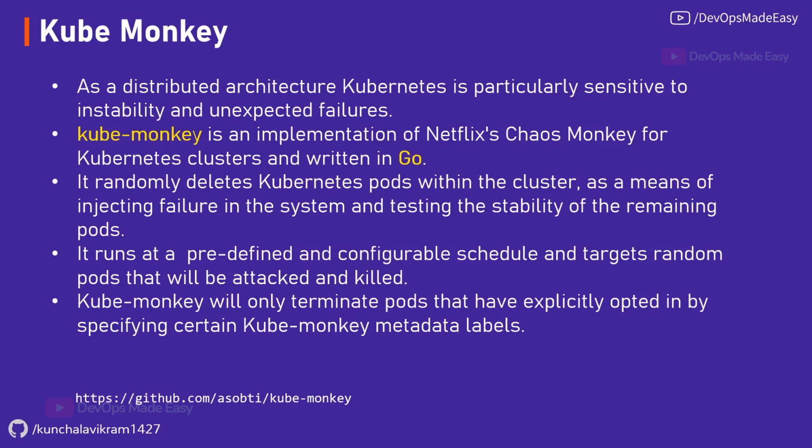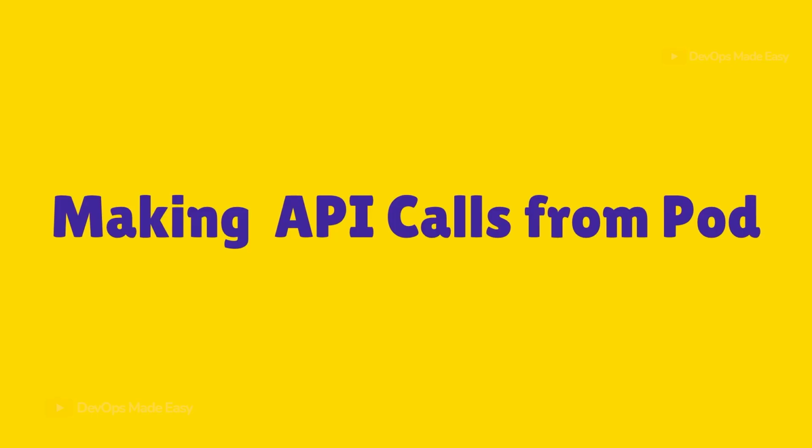These pods will be killed, and then we can test the resiliency of your complete system. kube-monkey will not terminate all the pods. We can explicitly opt in by specifying certain labels on all your pods. If kube-monkey detects those labels on the pods, it will consider terminating them in order to test the resiliency. I'm going to show you the kube-monkey repository and how this is implemented in some time.